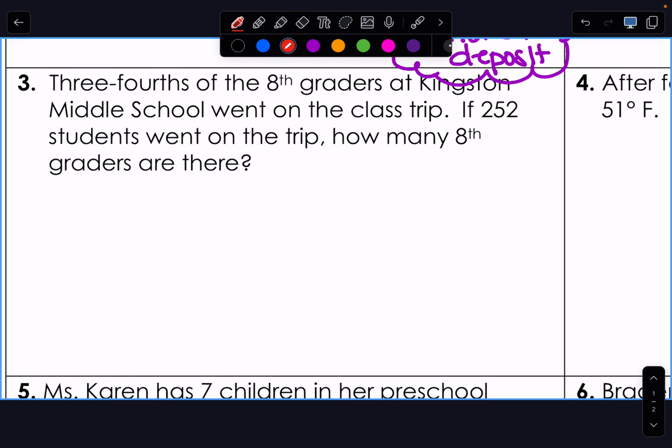All right, let's talk about number 3. Can you read through number 3 and just underline the important information for me?